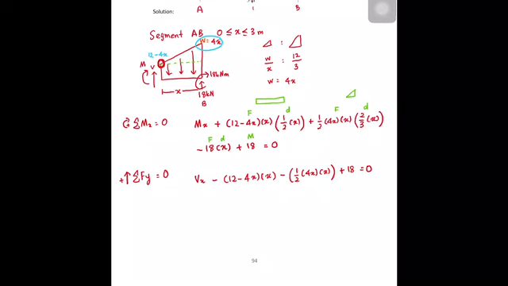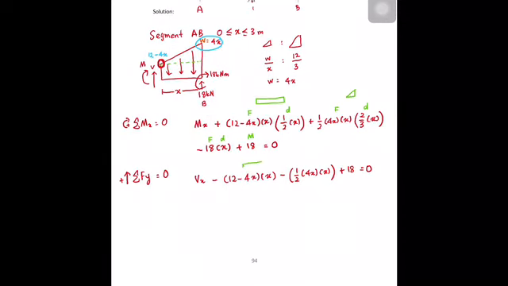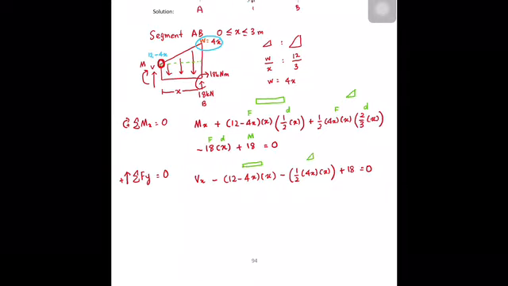Okay, so you should get the same answer. This one you just put the notes. This is for the rectangular, this is for the linear distributed load.